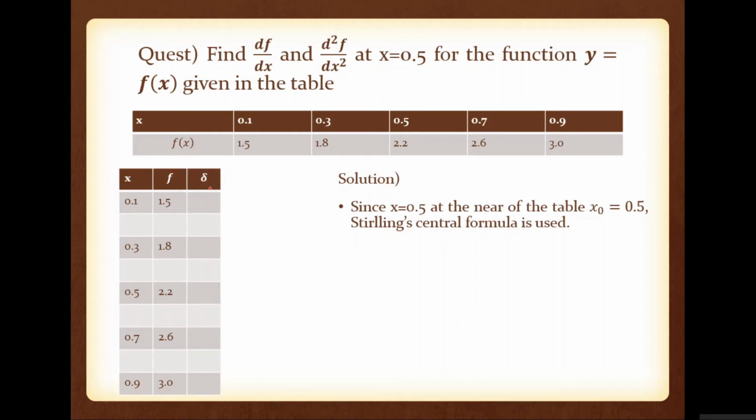So find it. This entry is 1.8 minus 1.5, that is 0.3. This entry is 2.2 minus 1.8. This entry is 2.6 minus 2.2. This entry is 3 minus 2.6.